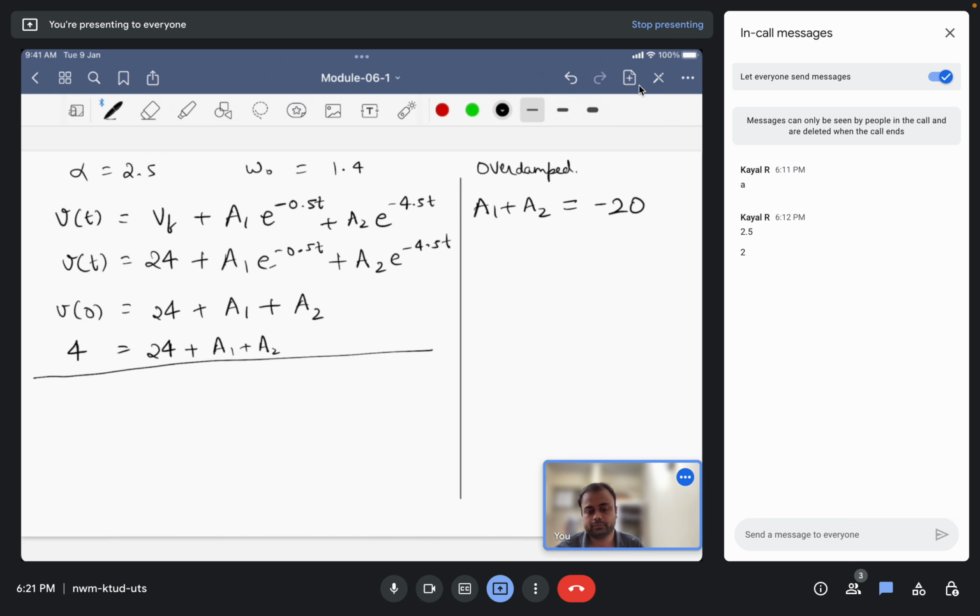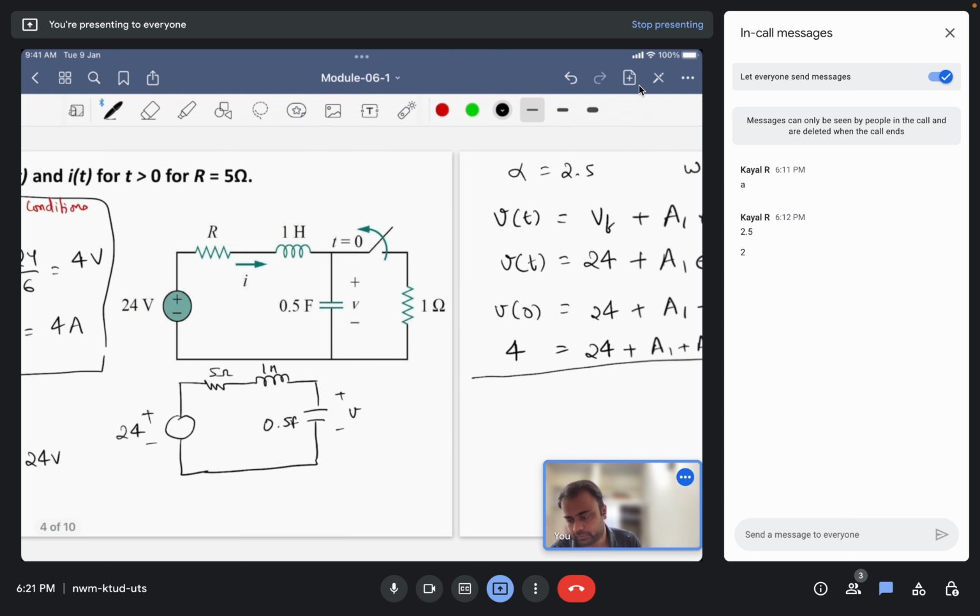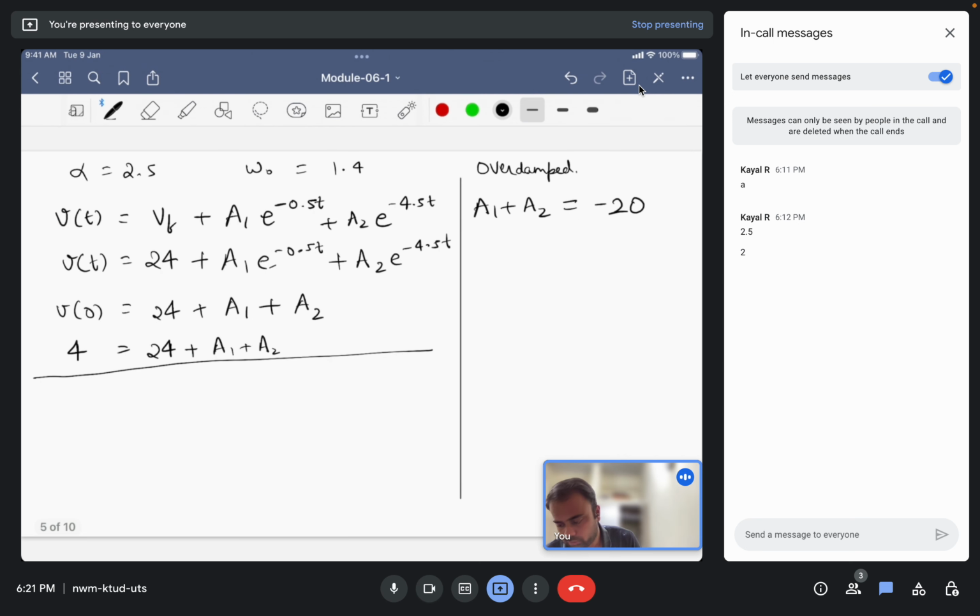Now, what other initial conditions do we know? We know I0, that is the current through the inductor. So let us take that value also. We already know the current through the capacitor is given by I is equal to C times the differential of the voltage drop across the capacitor with respect to time.